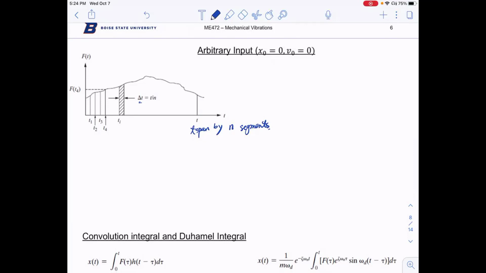Let's just focus on these small elements. At these points, we can approximate each one, when n approaches infinity, using a rectangular box.